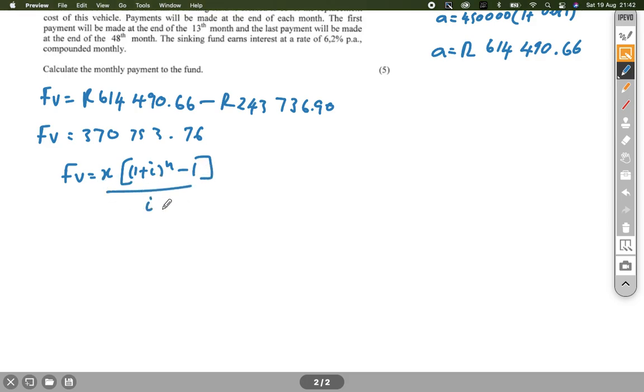Now we want to see our monthly repayments.